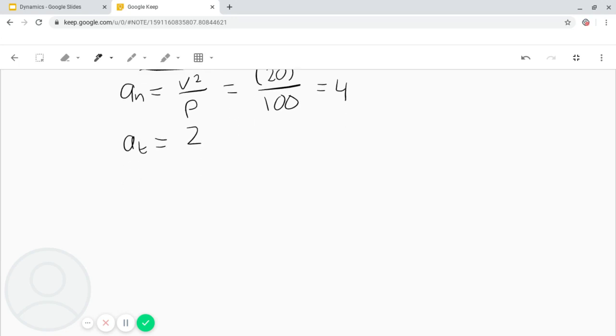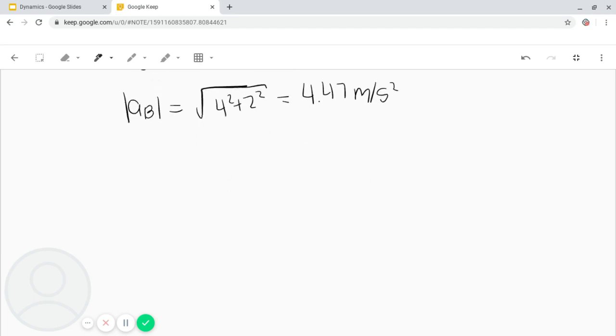So what we're going to do with this is find the magnitude of the acceleration. That would just be 4 squared plus 2 squared, which comes out to be 4.47 meters per second squared. And then we can find the angle relative to the tangential acceleration.